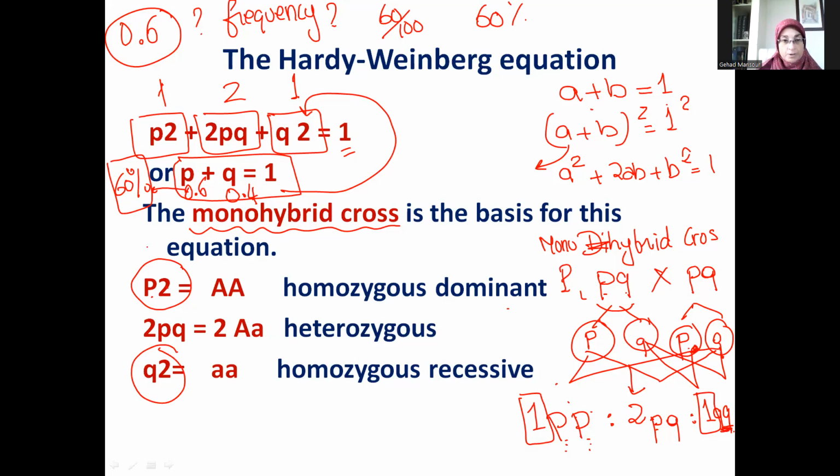So here, P squared means an individual whose genotype contains the 2 dominant alleles, and Q squared means the individual whose genotype contains both recessive alleles. And the heterozygous individual that has 1 dominant and 1 recessive allele is denoted PQ.